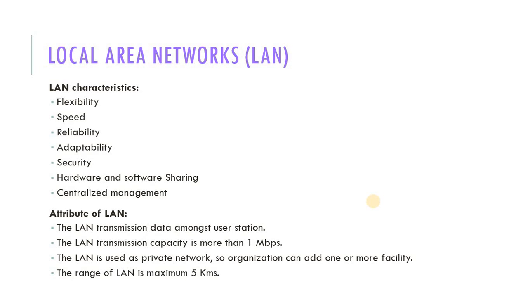It is a private network, so we can also add our own functionality. The transfer speed is 1 Mbps. So these are the attributes of LAN. So this is all about a local area network.